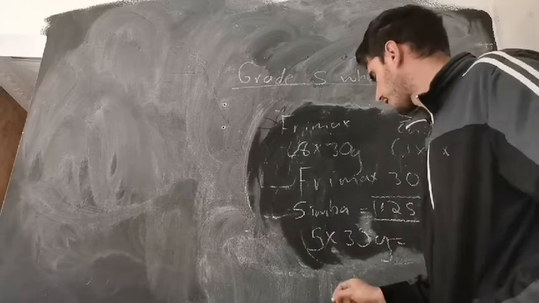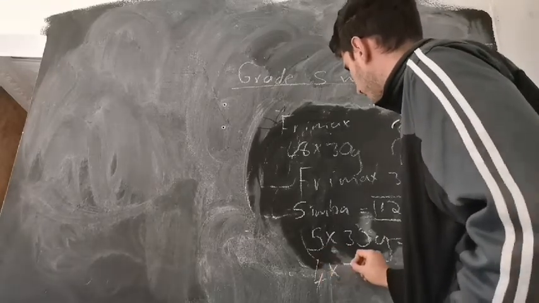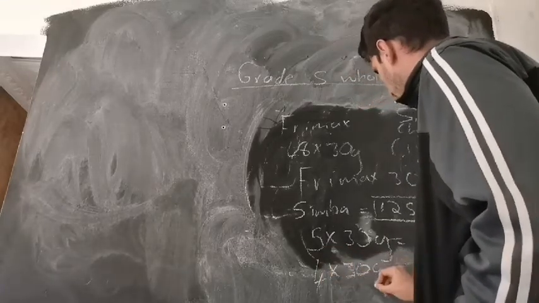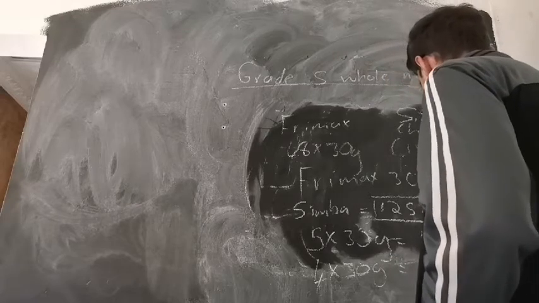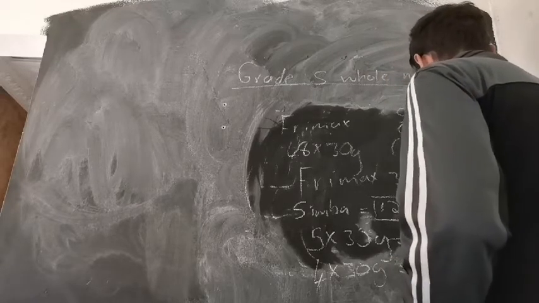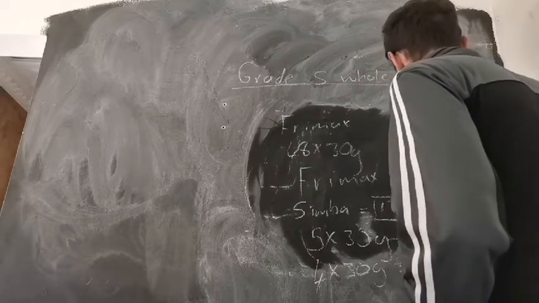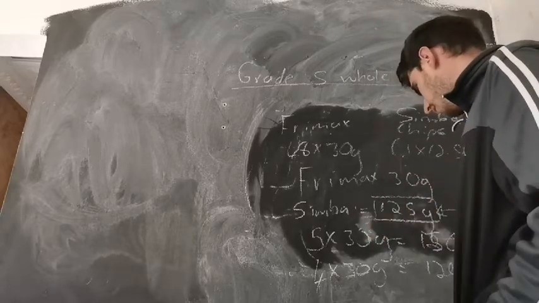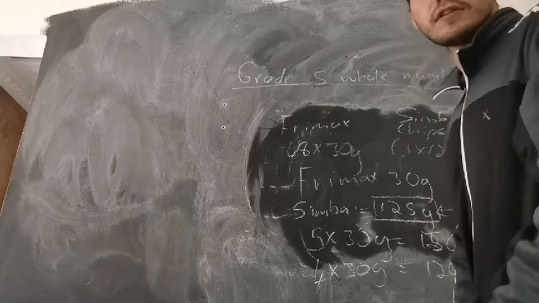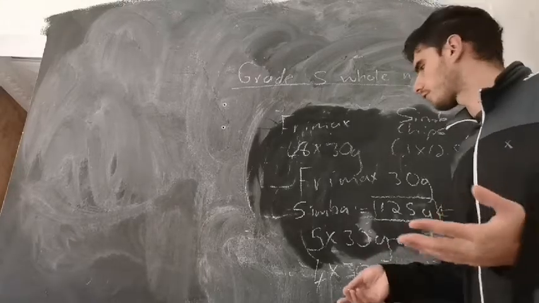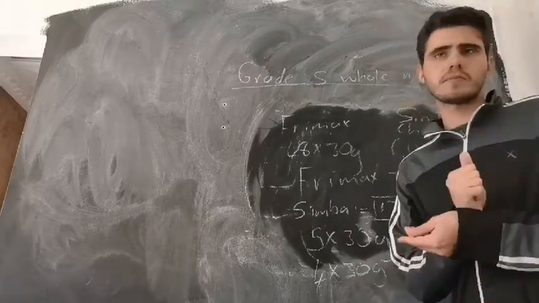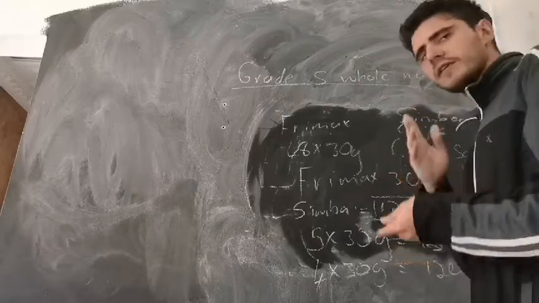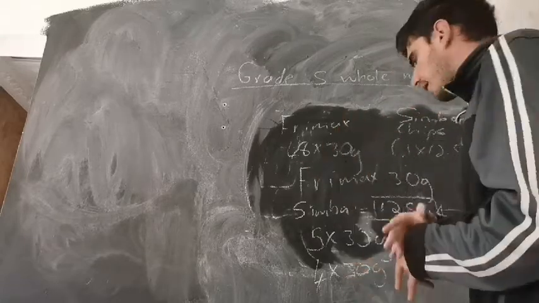Okay, the reason for this is because if I say 4 times 30, it's going to give me 120 grams. Now 120 grams is a bit too small, remember, because 1 packet of Simba is 125 grams. Okay, so you're going to do this via trial and error. So you're first of all going to say, okay, 1 packet is 30 grams, so 2 packets would be 60 grams, 3 packets would be 90 grams.